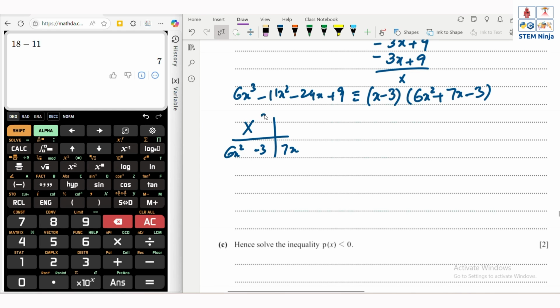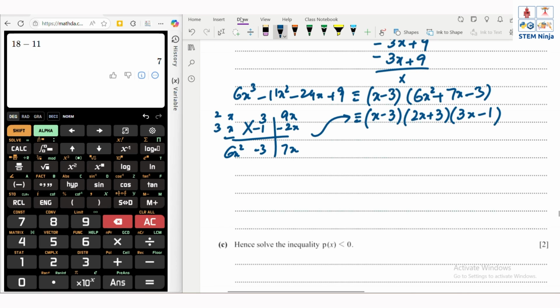So 3 only comes one way, and 6, however, can come different ways. So maybe 2 and 3. So 9 minus 2, yes. So 3x, 2x, minus 1. So this one is negative. So therefore, this becomes x minus 3, 2x plus 3, and 3x minus 1.